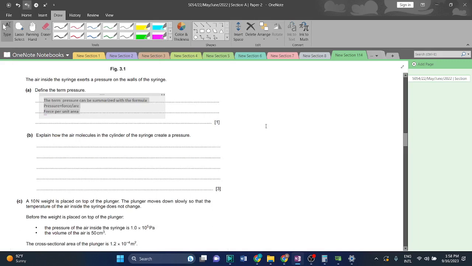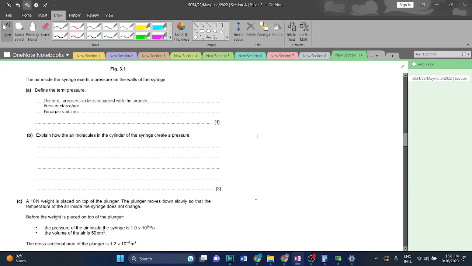Explain how the air molecules in the cylinder of the syringe create a pressure. So I will tell you in three steps. क्योंकि ये 3 मार्क्स का क्वेश्चन है, we cannot just write a 1 mark explanation.